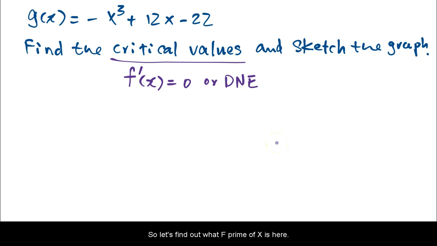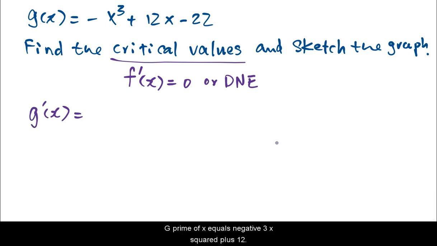So let's find out what g prime of x is here. g prime of x equals negative 3x squared plus 12. Okay, we make that equal to 0.